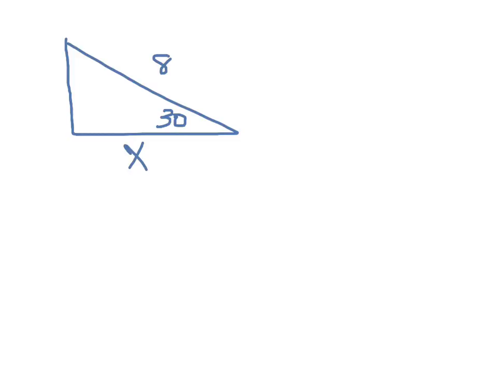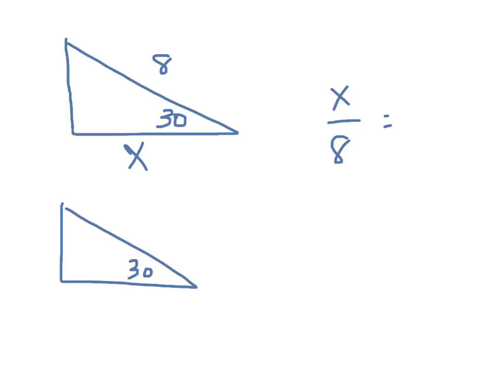So, if we're doing cosine, the adjacent side is which one? X. And the hypotenuse is 8. Then if we look at a normal 30, 60, 90 triangle, where that's 1, that's root 3, and that's 2, if I'm in the same positions, adjacent is root 3 over the hypotenuse, which is 2.